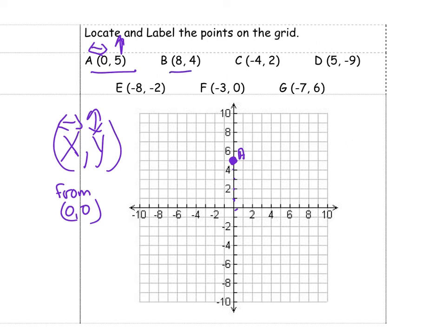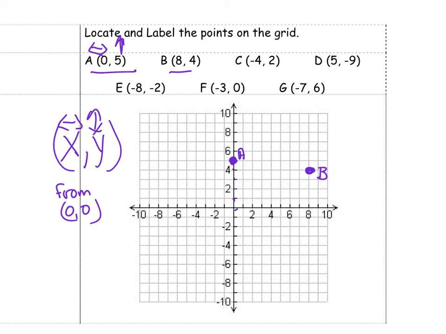B is a positive 8 and a positive 4. So we have to go over to 8 and up 1, 2, 3, 4. So it's going to be right there. So I put the closed circle there and then put a B. C is at negative 4. So I have to go over to negative 4 and then up 2.